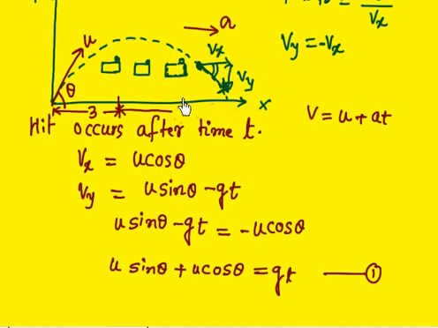Half at square distance is up to here only. So this is the point where you have half at square. Are you getting?